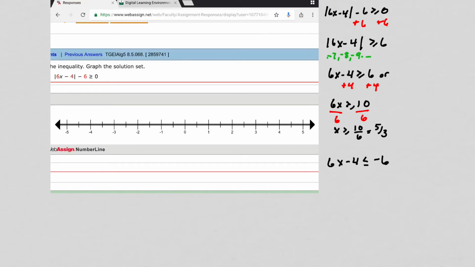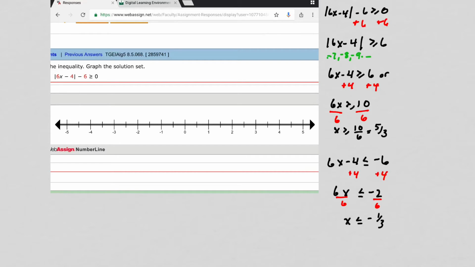Then we'll go ahead and solve this other inequality. So we'll add 4 to both sides. So we have 6x less than or equal to -2. Divide both sides of the inequality by 6. We have x less than or equal to -2/6, which is the same as -1/3.